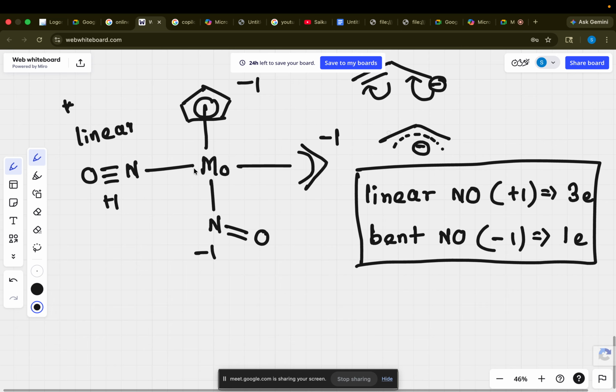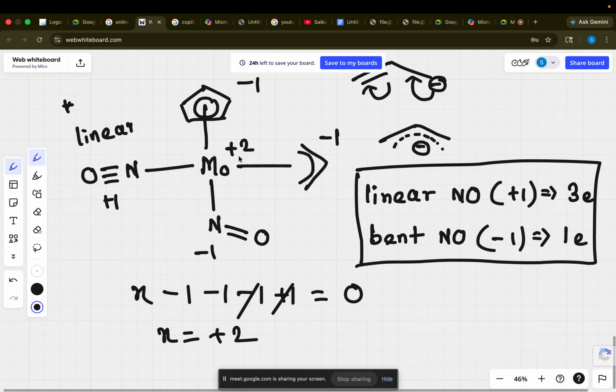So what will be the oxidation number of molybdenum here? Consider molybdenum as X. So X, -1 for this cyclopentadienyl, -1 for this 3-membered chain, -1 for this bent nitrosyl, and +1 for this linear nitrosyl is equal to 0. So this cancels. X is equal to +2, right?